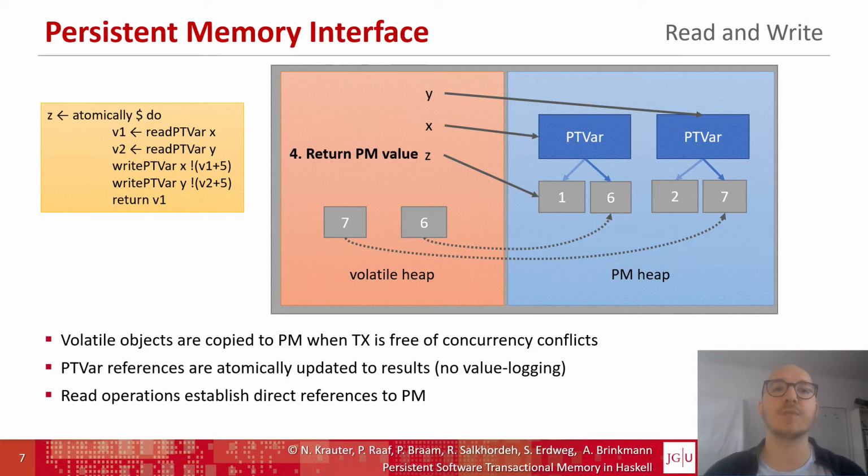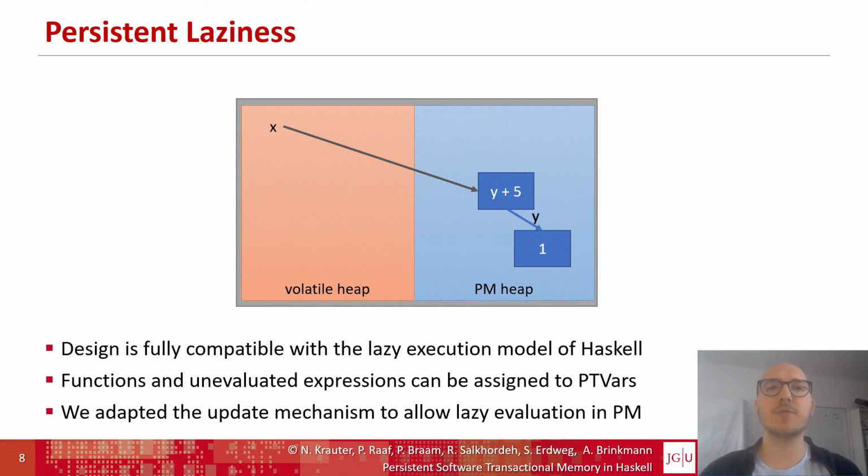Haskell expression. As our system is fully integrated into the language's runtime system, we can also support the lazy execution model of Haskell in order to offer an idiomatic language abstraction. So developers can store arbitrary functions and unevaluated expressions in PM. In this example here, we can see that X points to the expression y plus 5 with the environment y equals 1 in PM.